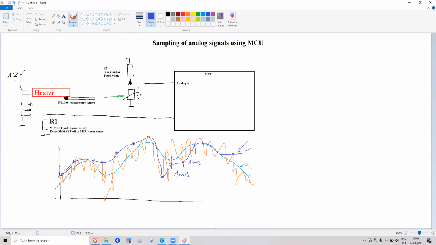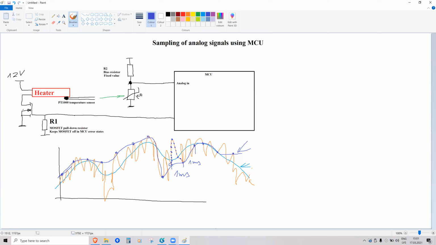If I sampled, for example, 100 times faster, I would have 100 points in that 1 millisecond. So it will be 100,000 samples per second. I would be sampling the signal correctly, right? Because there would be more points and I would have the signal perfectly sampled.